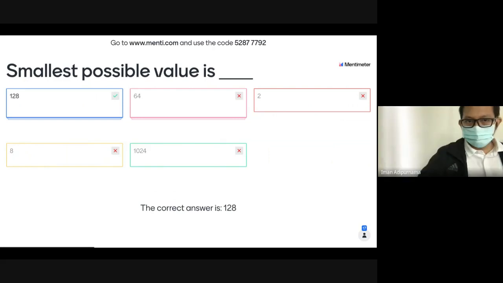I think it's asking the minimum, right? The minimum, right? Okay. And then we can check later.